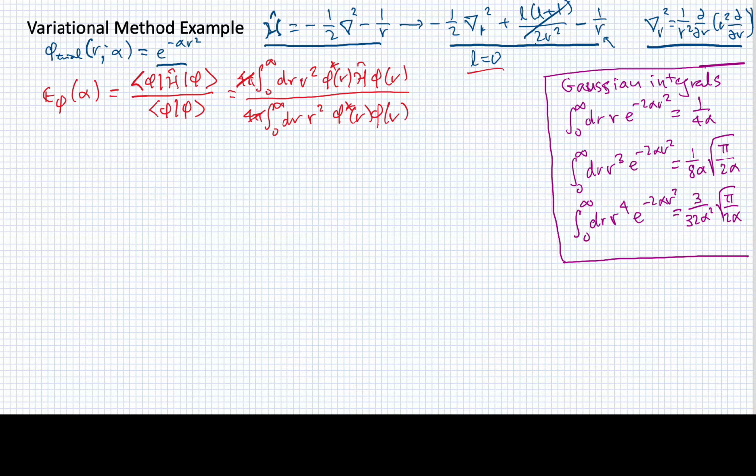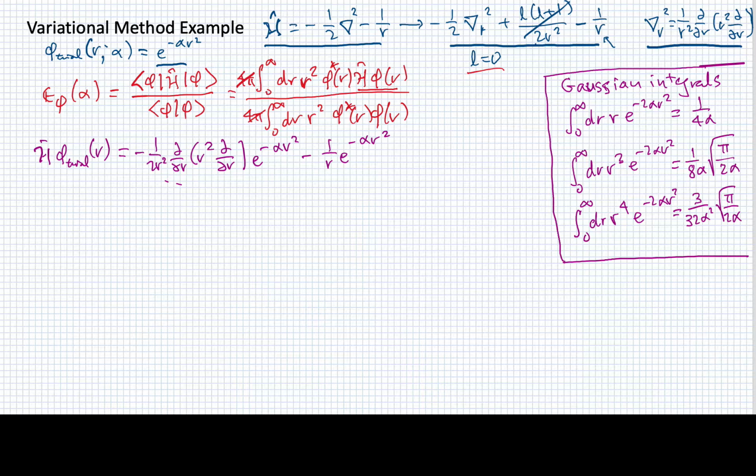Now, when we go to evaluate these integrals, the first thing we need to do is find out what is the operation of the Hamiltonian on this trial wave function. So let's figure that out. What we're doing is essentially this operation, where we're operating the Hamiltonian on this function, which means that we're doing this series of derivatives in the radial coordinate, operating on e to the minus alpha r squared, and then we're subtracting the term that comes from the Coulomb potential.